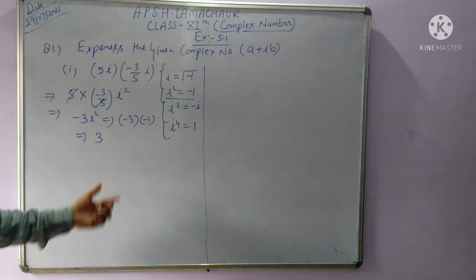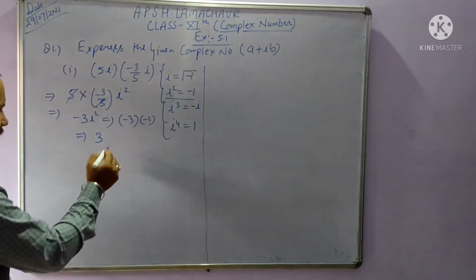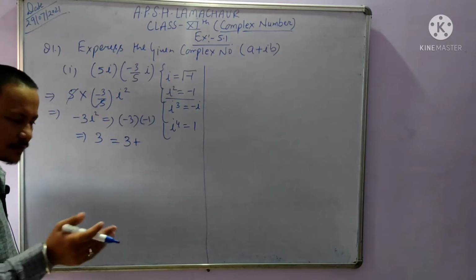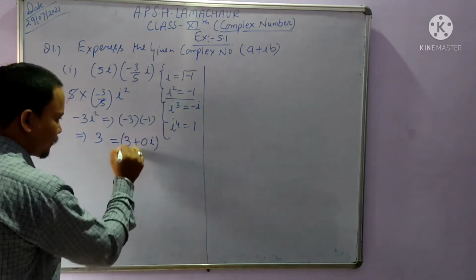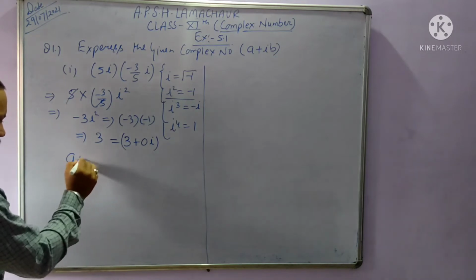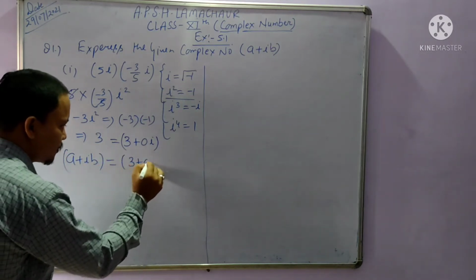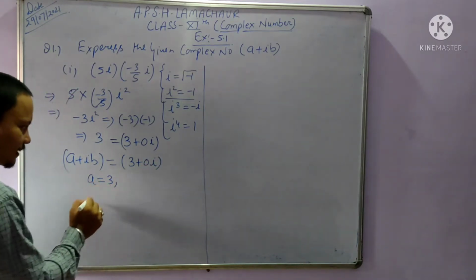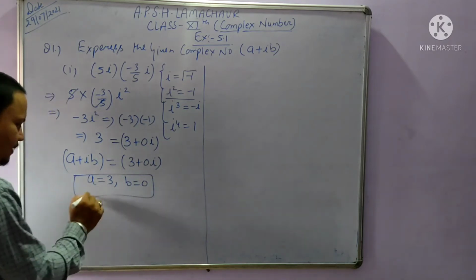So your answer is plus 3, but we have to convert it into the form of a plus ib. Since the imaginary part is 0 here, we can write it as 3 plus 0 times i. So the format a plus ib becomes 3 plus 0 times iota. Here the real part is obviously 3 and the imaginary part is 0. I hope you get it.